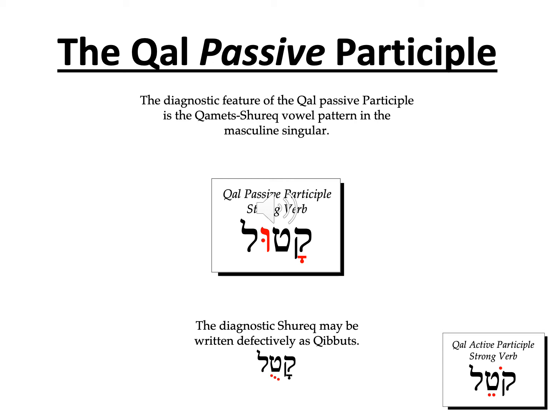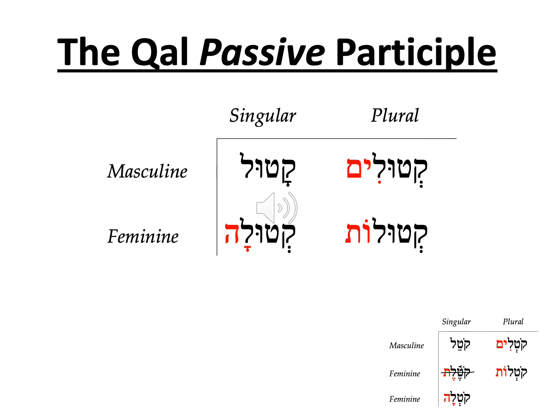It may sometimes be written defectively as a kibbutz instead of a shurik, but again, you still have that shurik or U-class vowel in between the second and third letters. You'll notice that the active participle was kotail. This doesn't look anything like that, looking far more similar to the infinitive absolute. But again, this is a type of participle, not a type of infinitive.